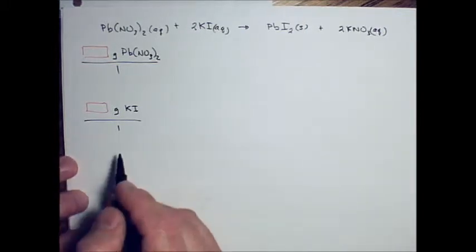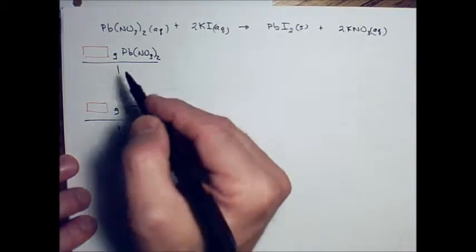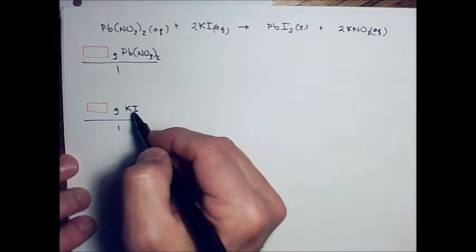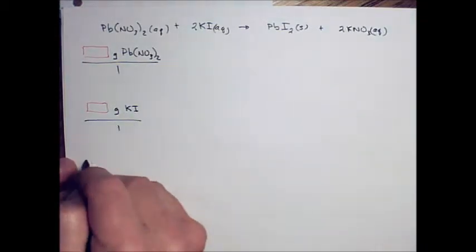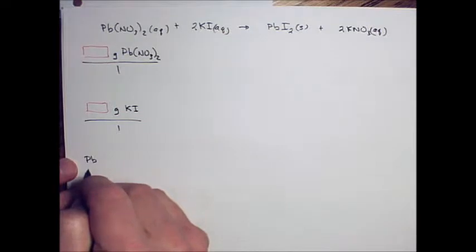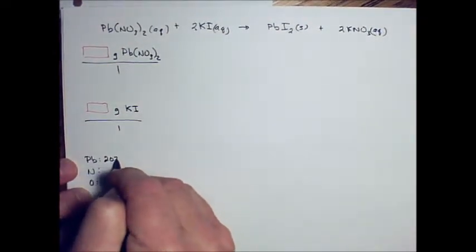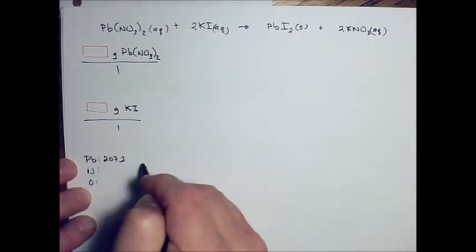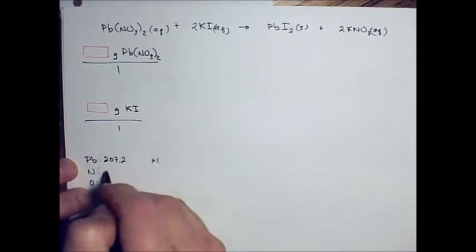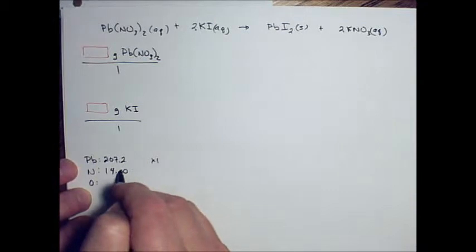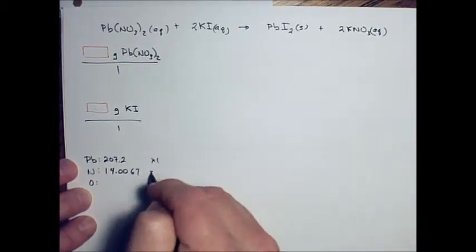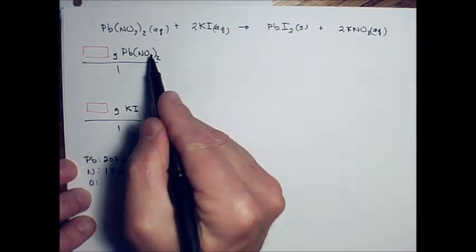All right, you have to calculate the molar mass of both lead(II) nitrate and potassium iodide. So let's see. Here's lead, nitrogen, oxygen. Lead is 207.2 atomic mass units. And nitrogen is 14.0067, and in the formula there are 2 nitrogens.